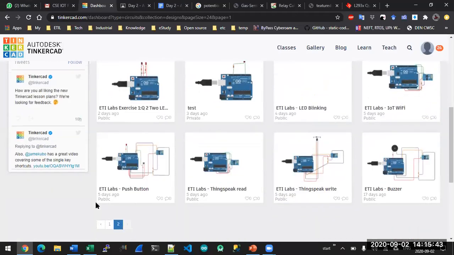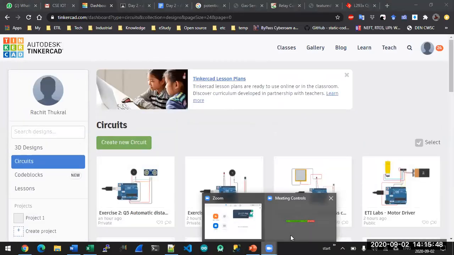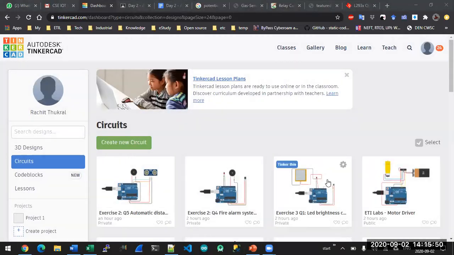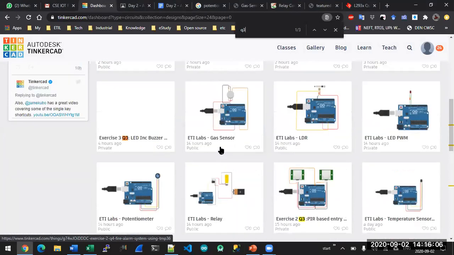Sir, there is a question. Can we debug the program line by line? I think currently they are not supporting the debug option. For debugging, what you can do is use print statements in between, so that you can understand where your program is stuck.